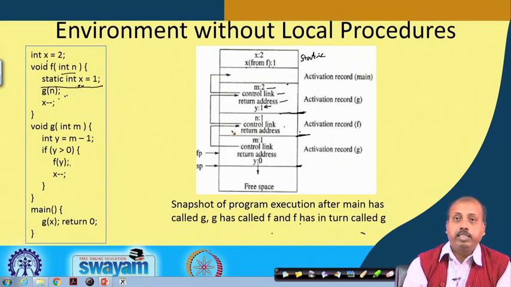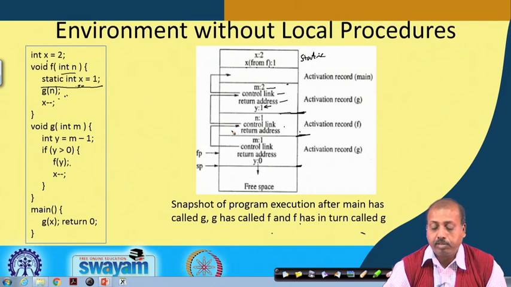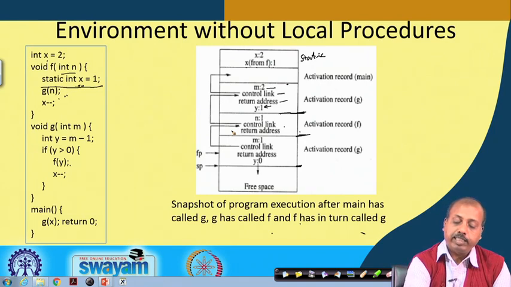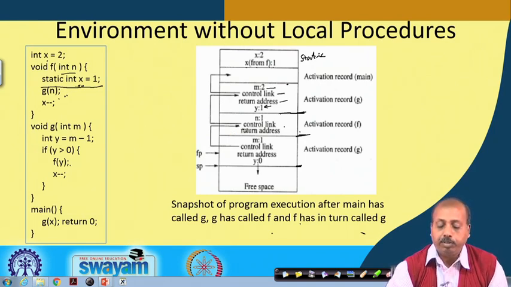The situation may change as we go into further calls, and that may complicate things. Here it is very simple. You can say the control links are not necessary, because I can just pop the entries from the stack and that will go absolutely fine. But in a more complex situation that may not be the case. We will see that in successive examples.